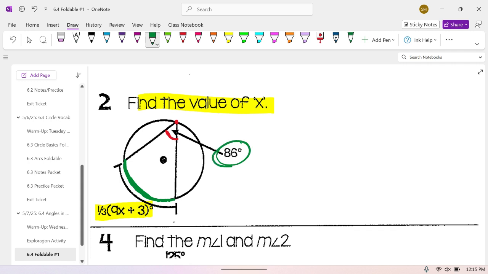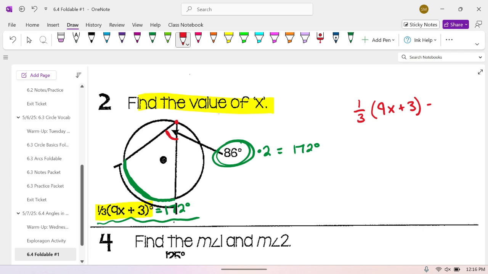We have the intercepted angle, so to get the arc, all we have to do is multiply it by 2, which gives us 172 degrees. So this arc is equal to 172 degrees. So guess what? There's our equation right here. We're going to do 1/3 times 9x plus 3 is equal to 172.